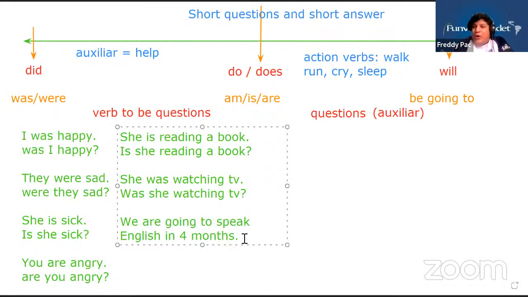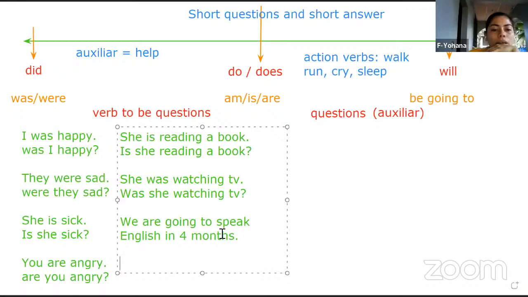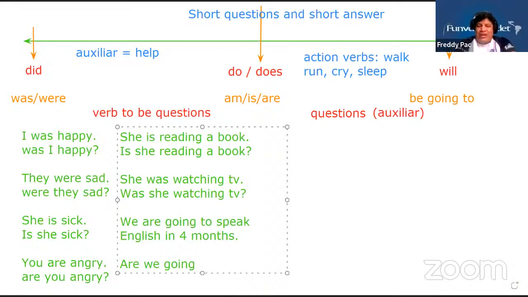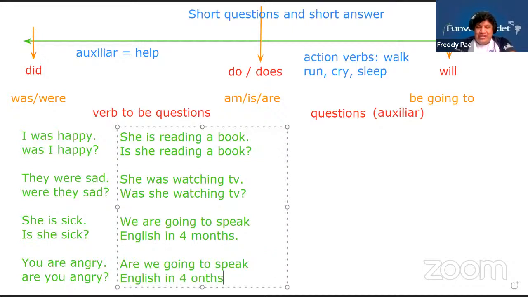So what do I do to transform this into a question? Are we? Exactly. Are we, and then the rest of the sentence. Are we going to speak English in 4 months?